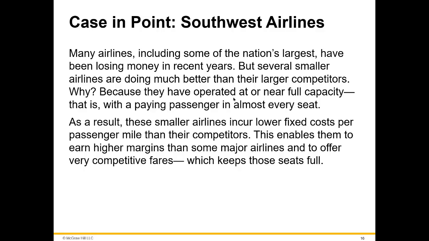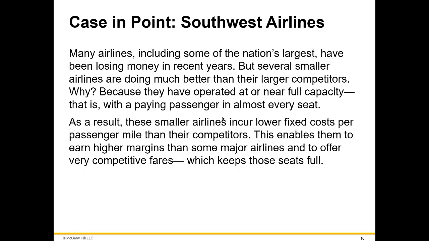Why? Because they are operating at or near full capacity. Okay, what is the fixed cost associated with airlines? Well, they've got to rent their plane, and regardless of usage, the fixed cost is going to be the same. So they're going to work to be very efficient and fill more seats as they go.